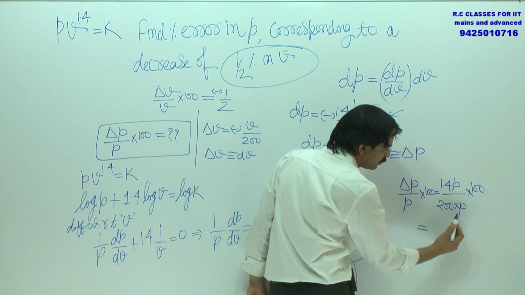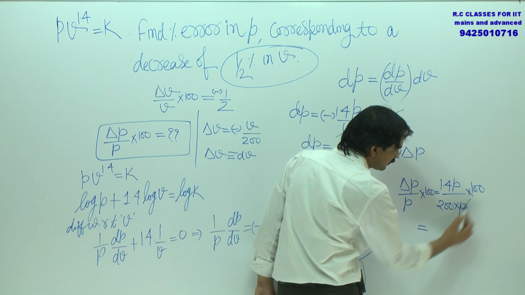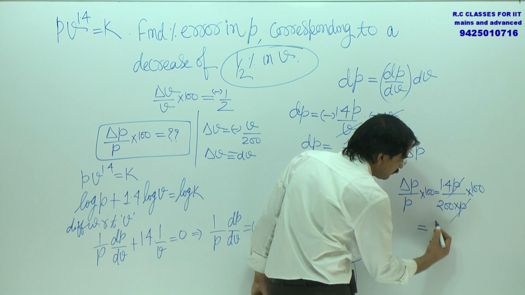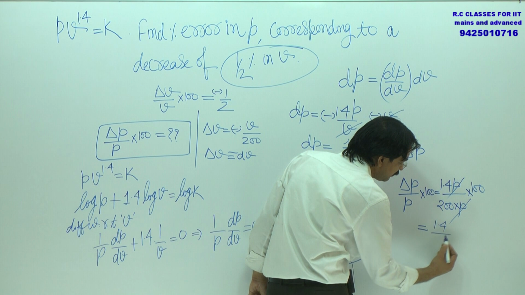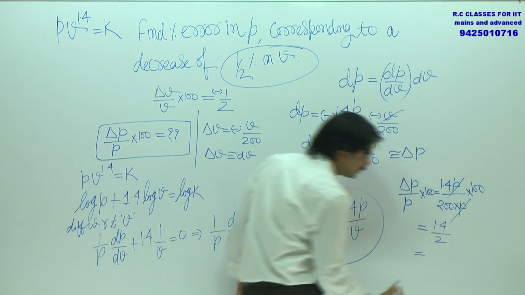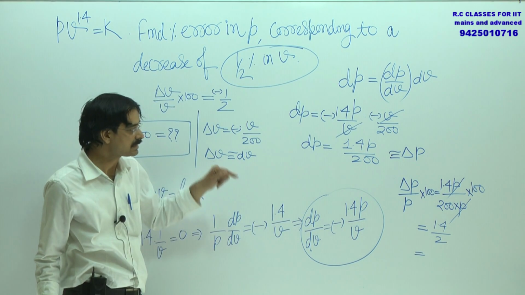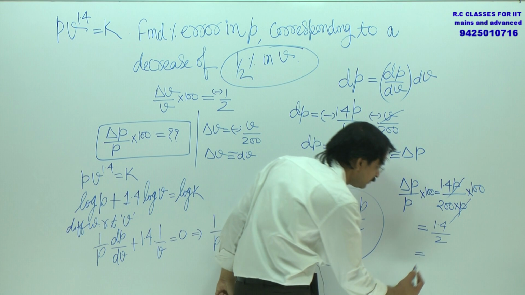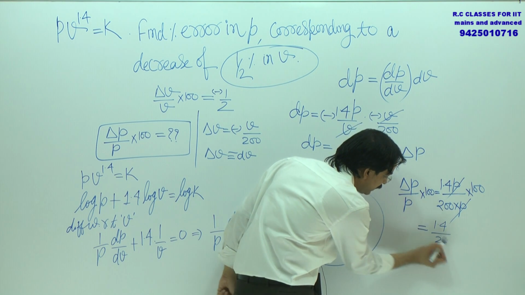So P is getting cancelled there, and it is 1.4 divided by 2, right? That is the percentage error in P. That percentage error in P is coming as 1.4 divided by 2.